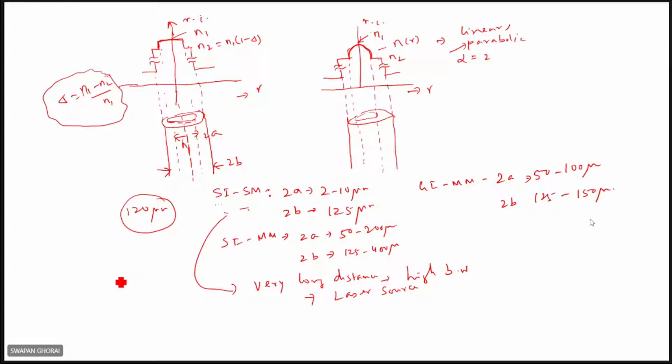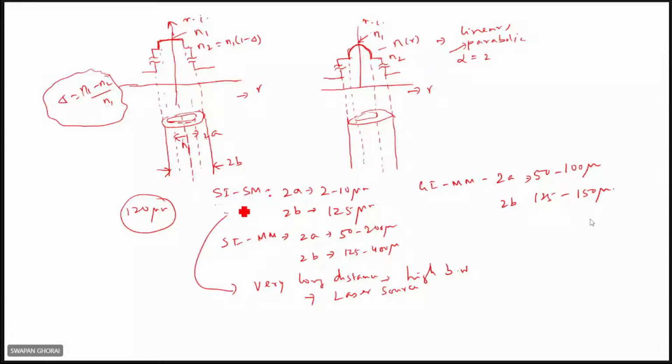Their dimension is very, very thin. So if you use the conventional sources, then very, very little light will be coupled, right? So to couple light efficiently, you have to consider the laser sources, which are more directional. So the restriction here is that only laser sources can be used.